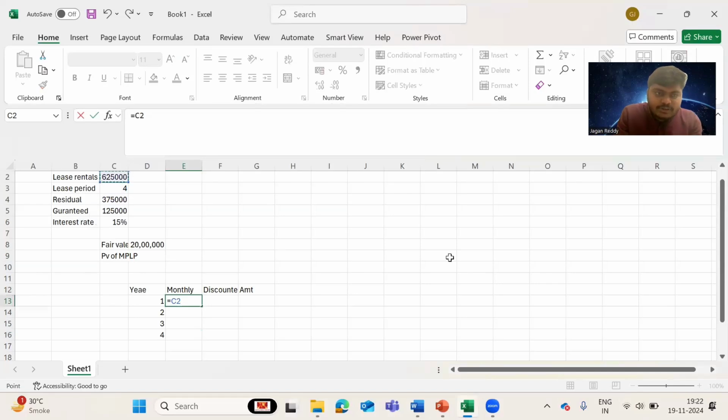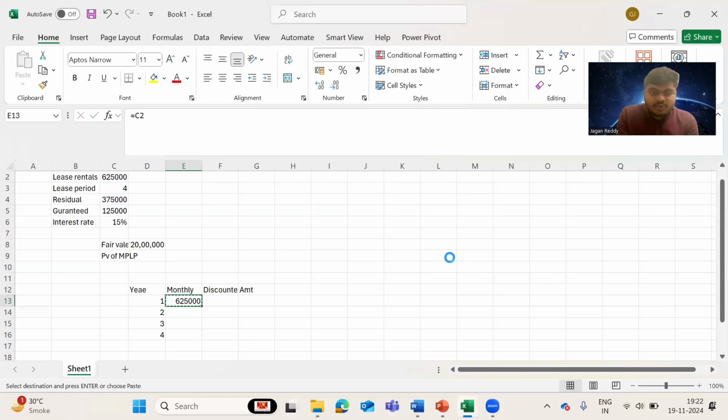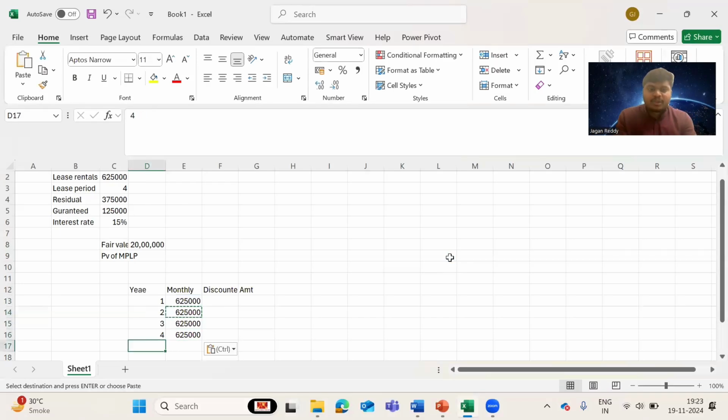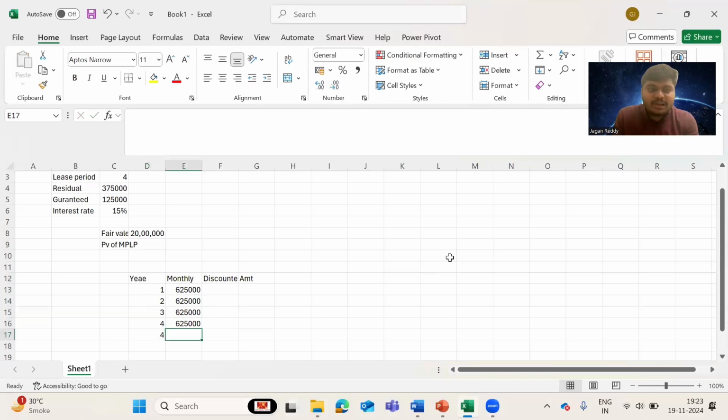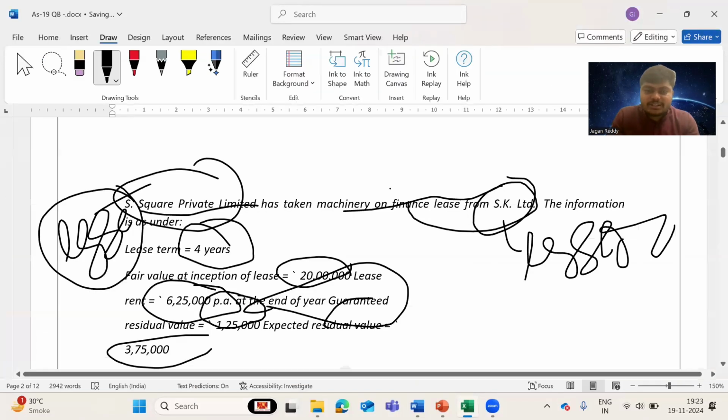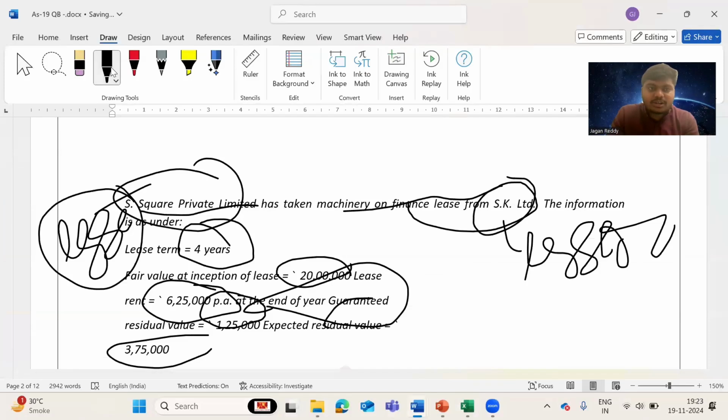Lease rentals are 6,25,000 for 4 years. In the fourth year, guaranteed residual value also should be considered in the MLP. Then what will be the discounting factor? Discounting factors are already given in the question.